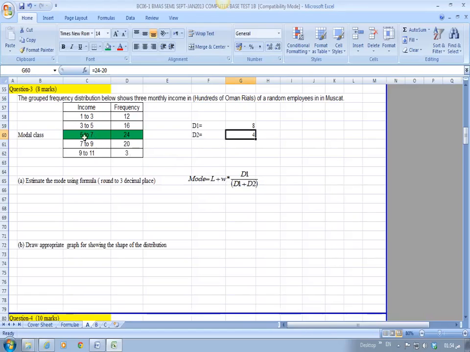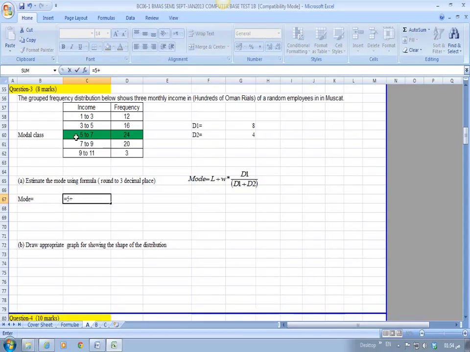W is the width, that means 7 minus 5 is equal to 2. Then we can calculate the mode. So we write here mode equals, we know L here is the lower limit, so it is equal to 5 plus W here, between 7 and 5.